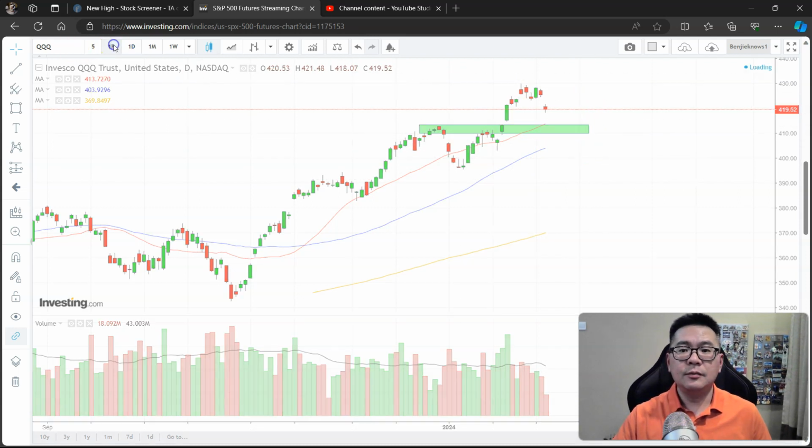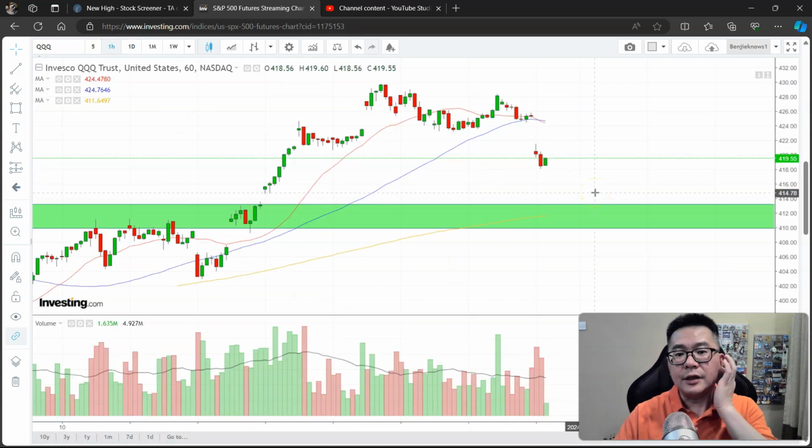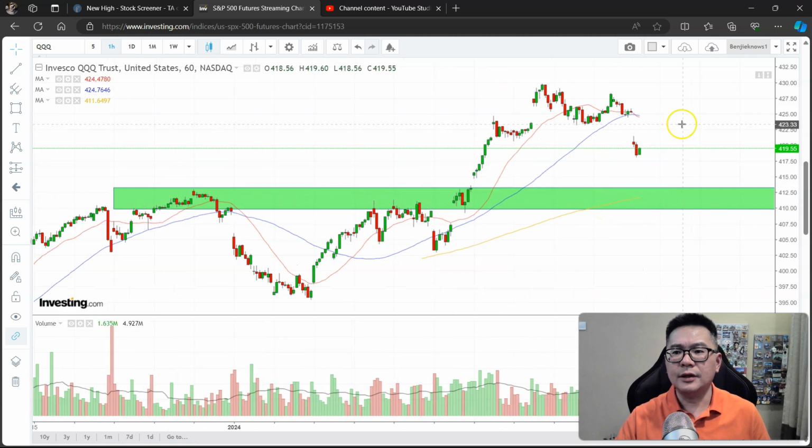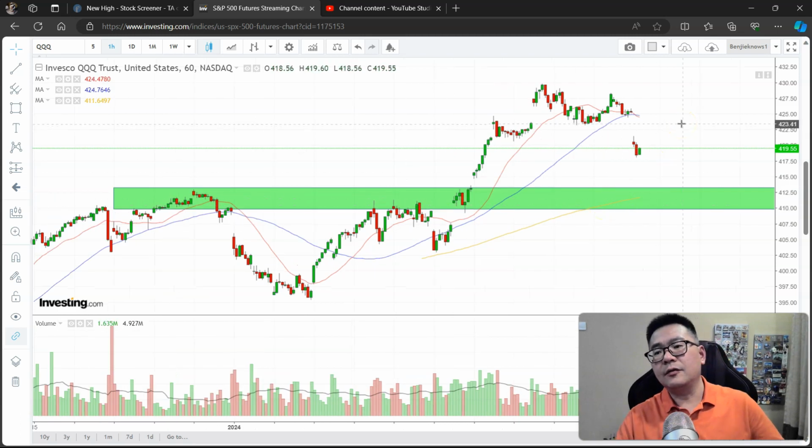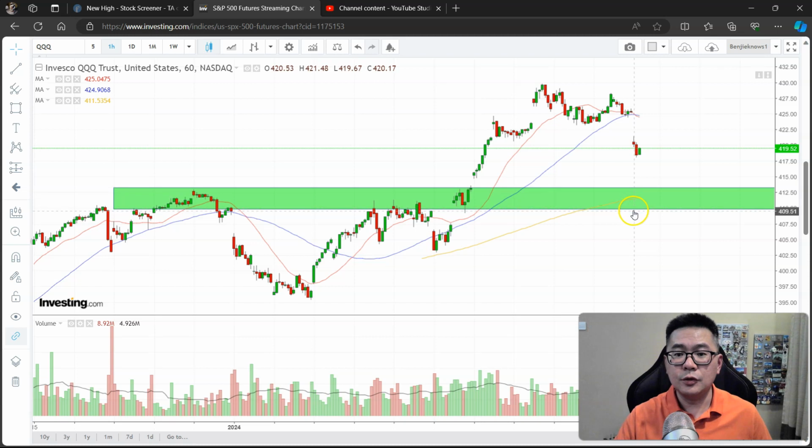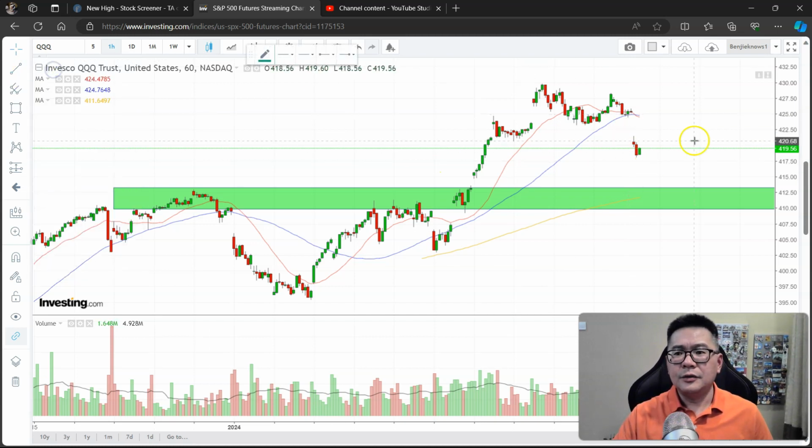But short-term wise, if you trade intraday or hold for one or two days, things are not so good at the moment. It has dropped below the 60-minute 50 MA, and usually for the short term I do not like traders to take a position if it is below the 60-minute 50 MA.